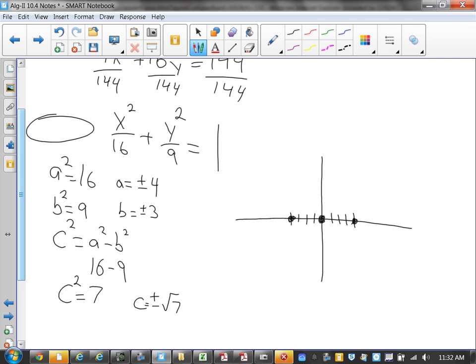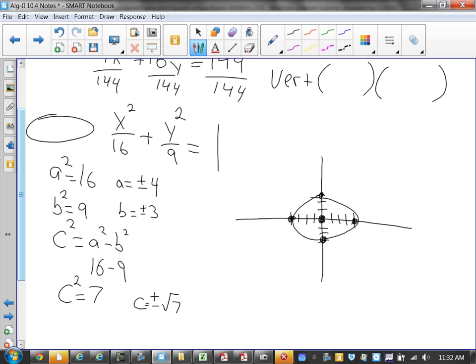Are we okay with that? Now I go up and down how many? 3. There's my crummy looking oval. Label what you did. I have 2 vertices.